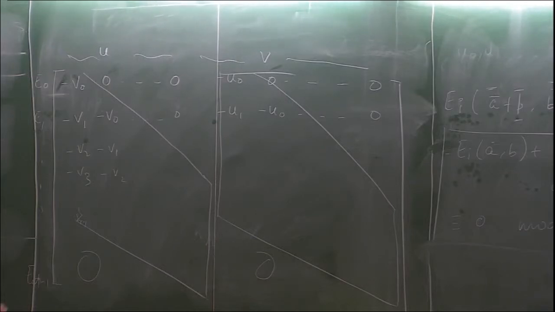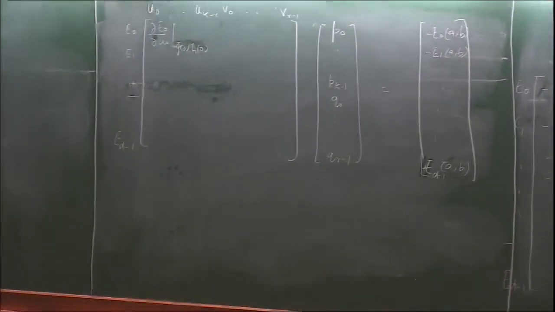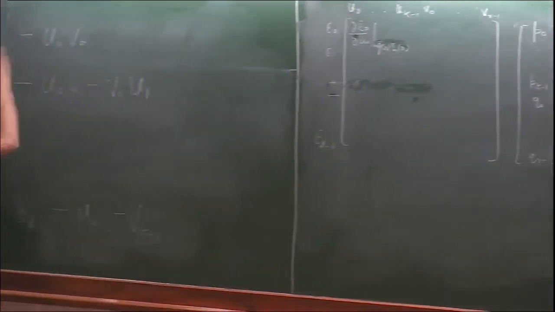And then we are going to look at an evaluation of this matrix where the U_i's and the V_i's are going to be substituted by G_i0 and H_i0. Okay, does this matrix look familiar? This is the resultant. This is the resultant of what?